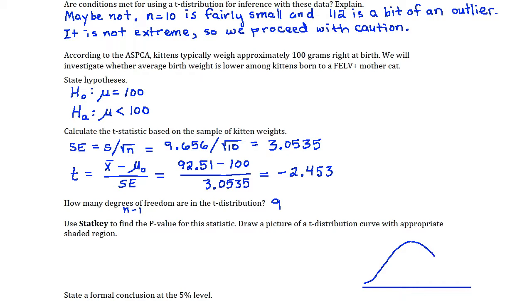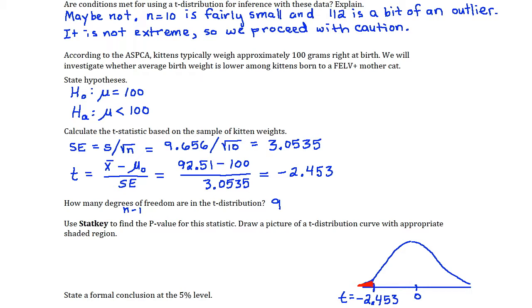We have a bell-shaped curve here, centered at 0, and I'm going to mark my t-statistic of negative 2.453 out here a bit in the tail because it is greater than 2, but not extremely out in the tail because it's not much bigger than 2. So that's my t, and I'm going to color in just the left tail because we are doing a left tail test.